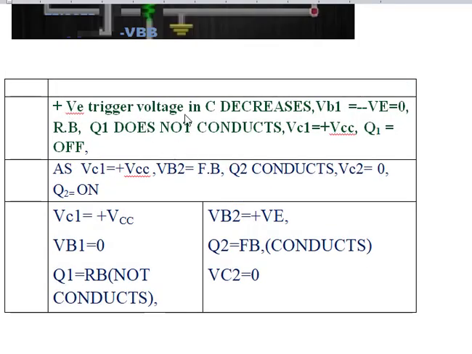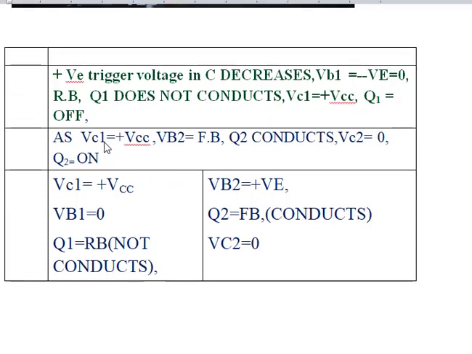When the positive trigger voltage in the C decreases, the base 1 voltage becomes negative and then 0. It is reverse bias, so Q1 does not conduct. As it does not conduct, automatically the collector voltage is plus VCC, so Q1 becomes off state.